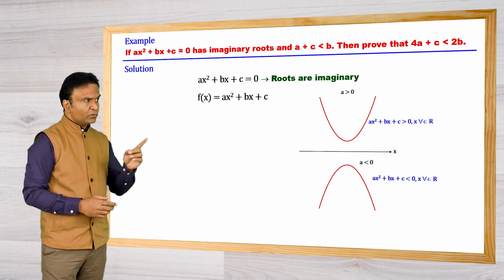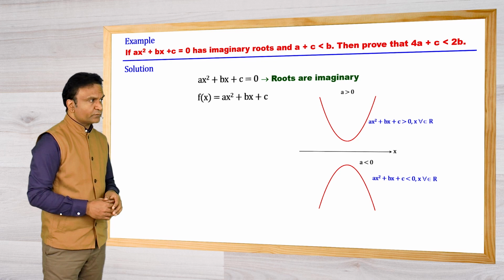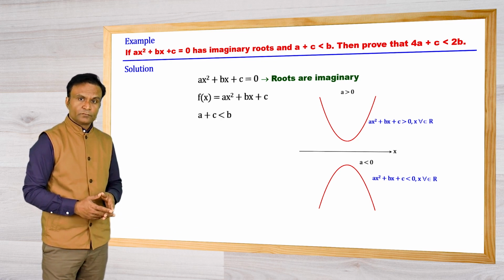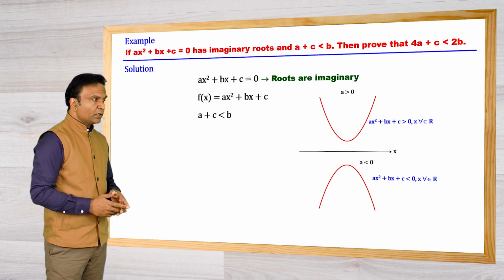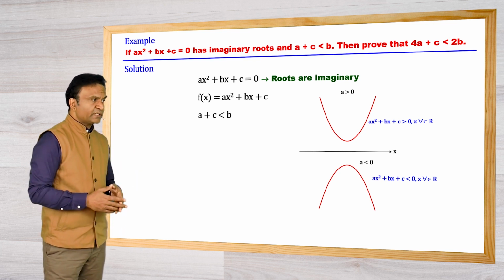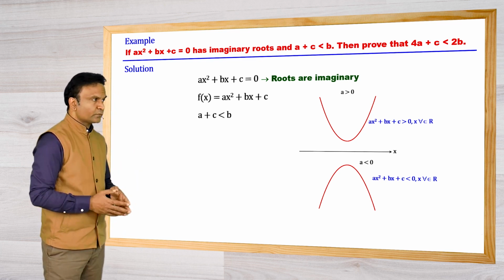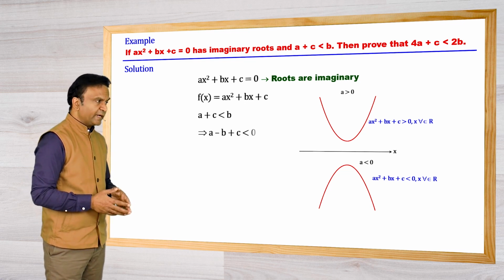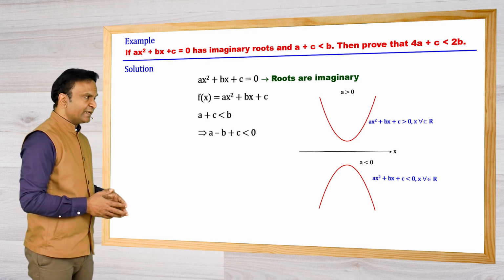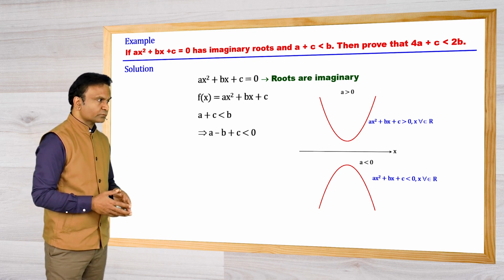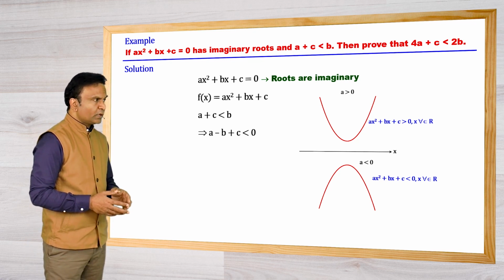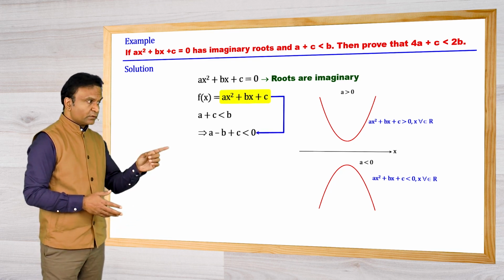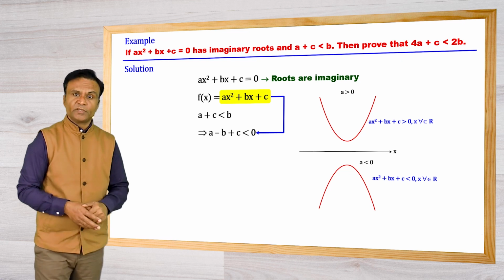Now let's see how this condition helps. a plus c is less than b. Now we can put this condition like this. Take b to the left. So we have a minus b plus c less than 0. Now look at f(x) and this expression a minus b plus c.